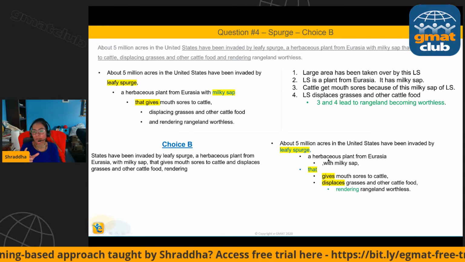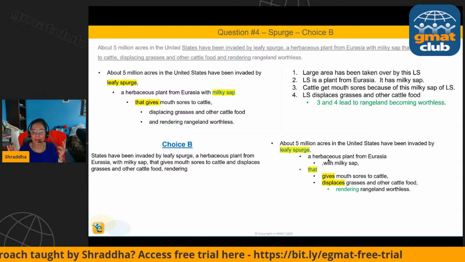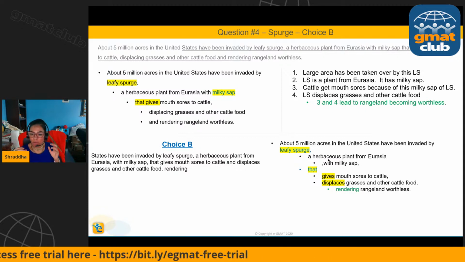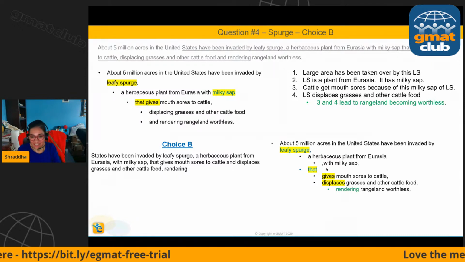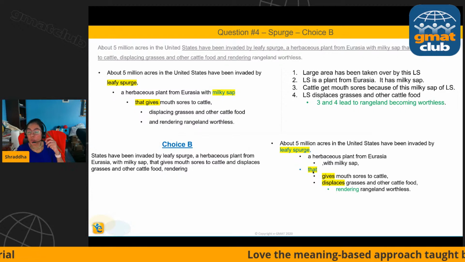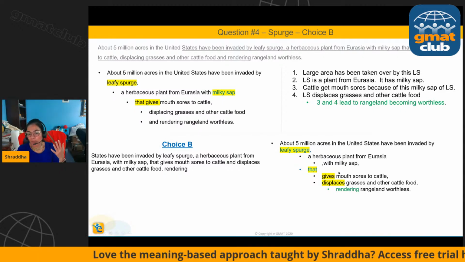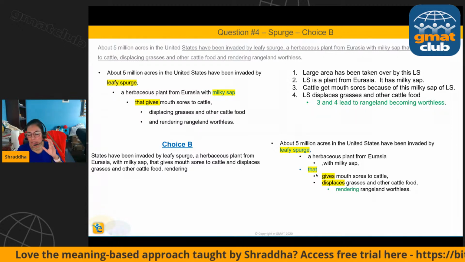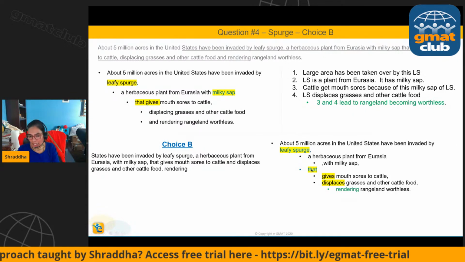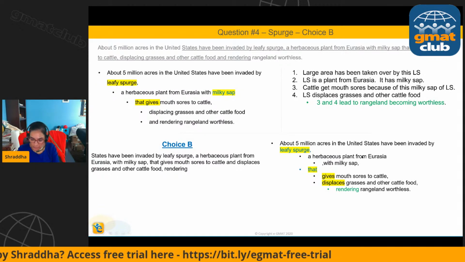So this is, in the GMAT world, what is commonly known as the touch rule for the usage of that, and which. That rule is a little tweaked, I would say. I wouldn't say that it's broken. No, it's not broken. It's a little modified. So here that is talking about a herbaceous plant.